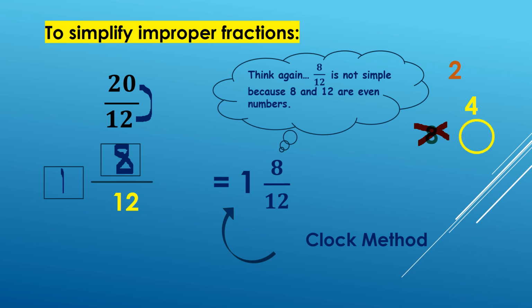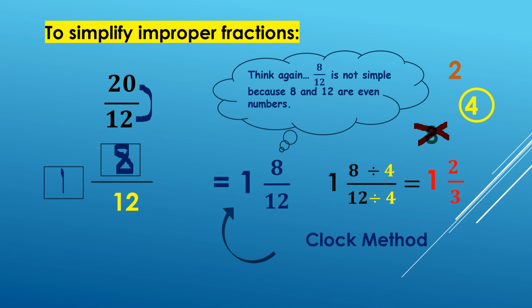So both of these answers are correct. Now, which one do I select? Excellent. Go for the bigger number. The bigger the number that you divide by, the simpler the fraction will be. Always go for the bigger numbers. So I'm going to divide the numerator and the denominator by 4, and the answer will be 2 over 3.